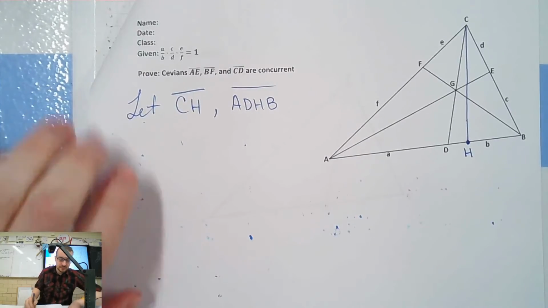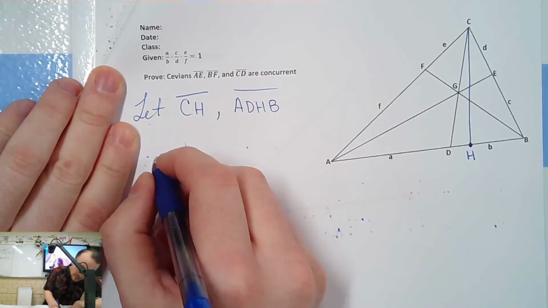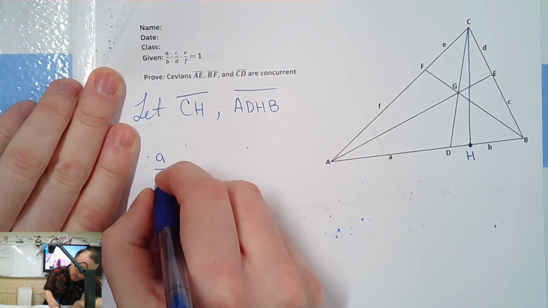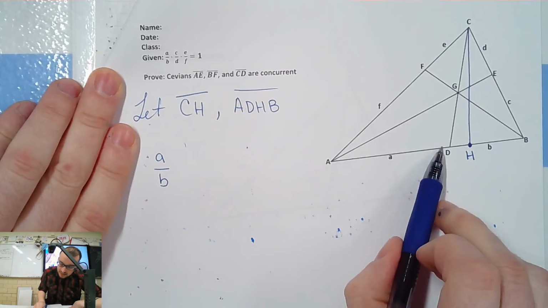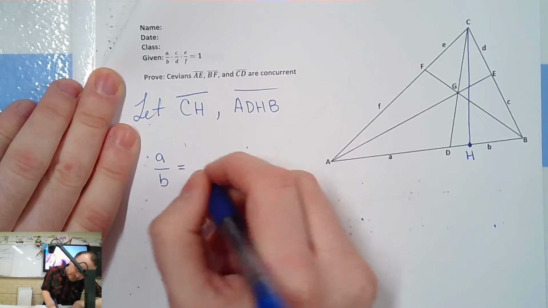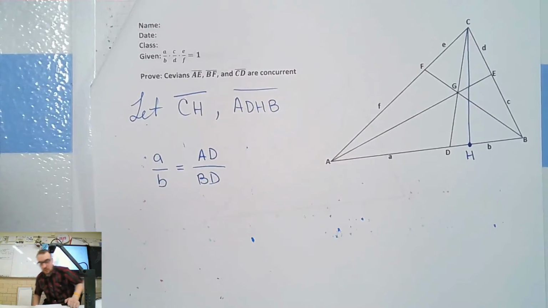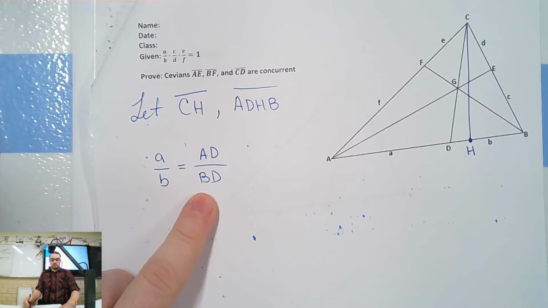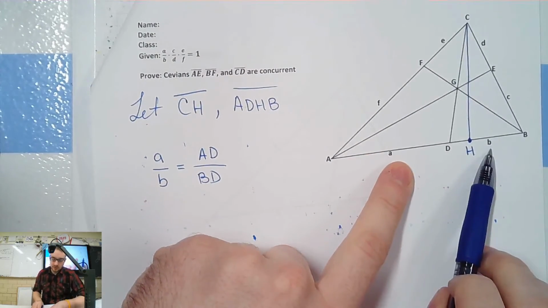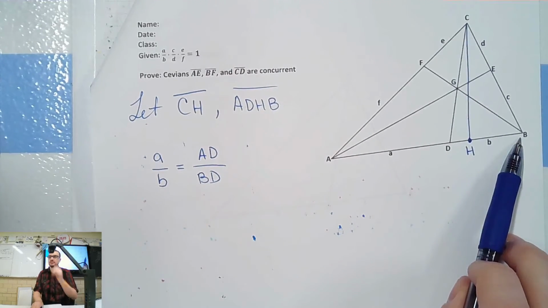Now here's the thing. Since this is true, we know that A over B should be the ratio of AD and BD. So A and B, little a and little b, are AD over BD.